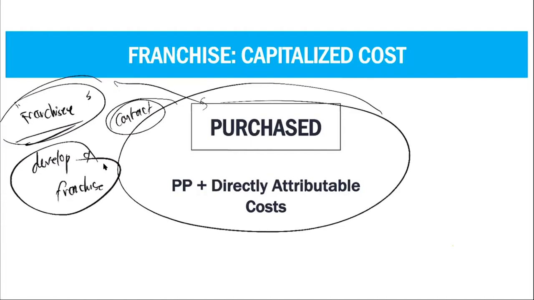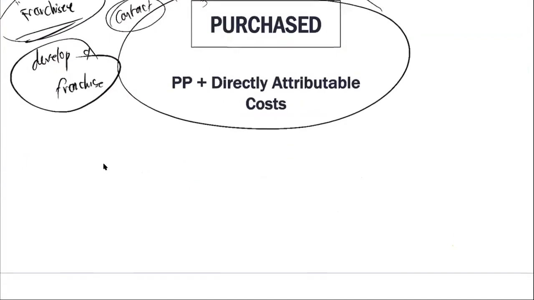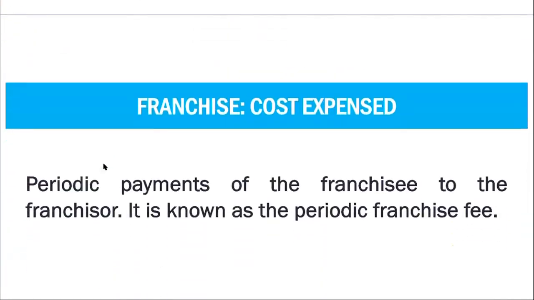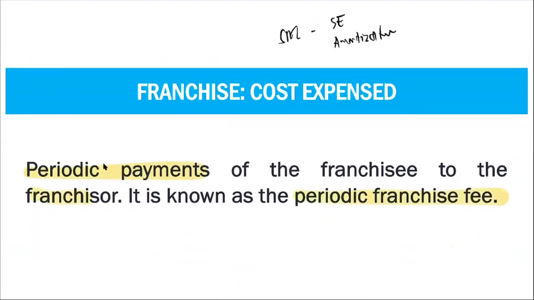How about the subsequent measurement? For subsequent measurement, take note, we will talk about your subsequent expenditures and your amortization. For subsequent expenditures, we have your periodic payments to the franchisor. It is called the periodic franchise fee.